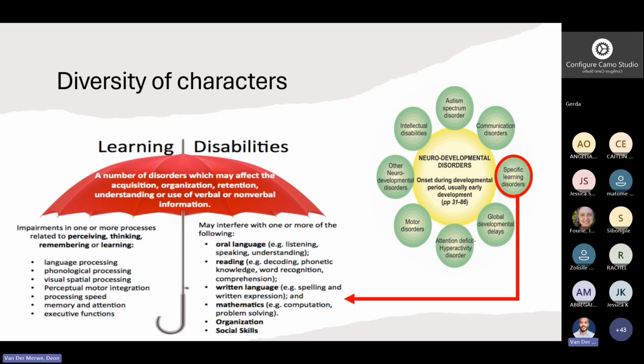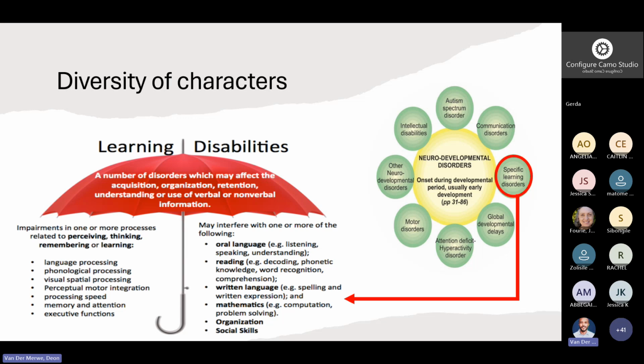And so when we think about the statistics that we've just looked at, it really just highlights the alarming attention that is required because of the diversity of learning disabilities found within the South African landscape.